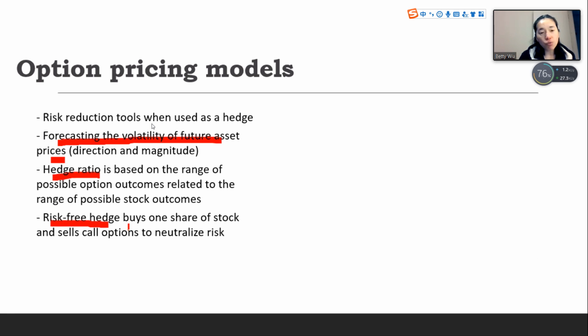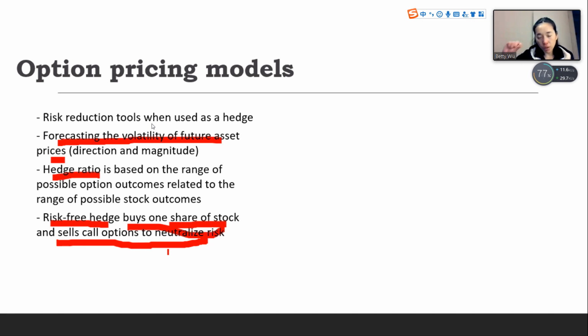And in the end, this is what you're trying to achieve, the risk-free hedge. And how would you do that? You buy one share of stock and sell calls to neutralize risk. So again, to achieve the hedged position, you go long a stock and then you write a call, so that when price goes up, the profit of the long stock position will be offset by the loss of the call position.